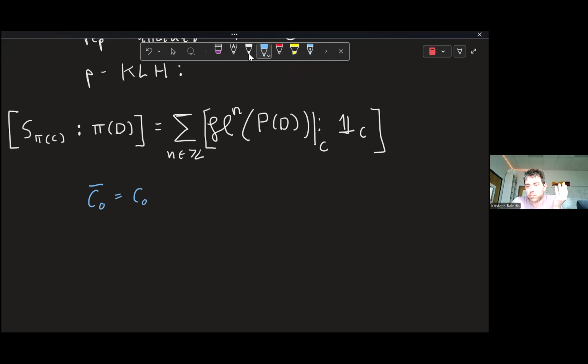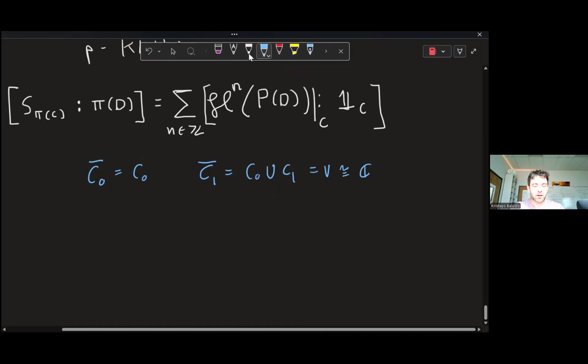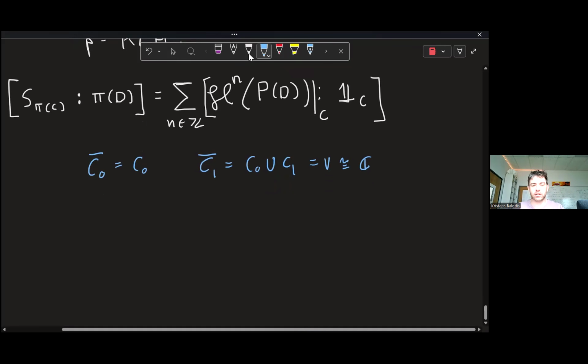It's just a single point. It's a closed point. And the closure of C1 is just going to be the entire variety itself, which is just a copy of the complex numbers.